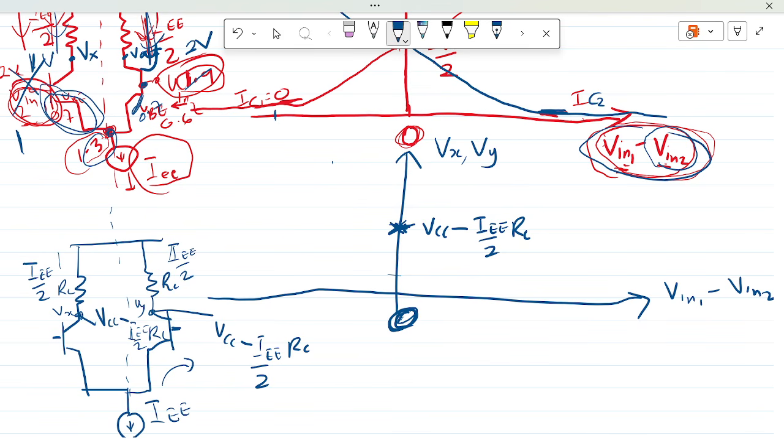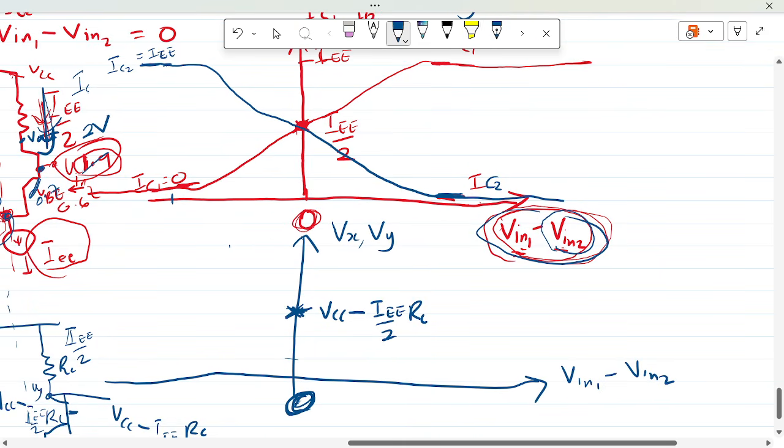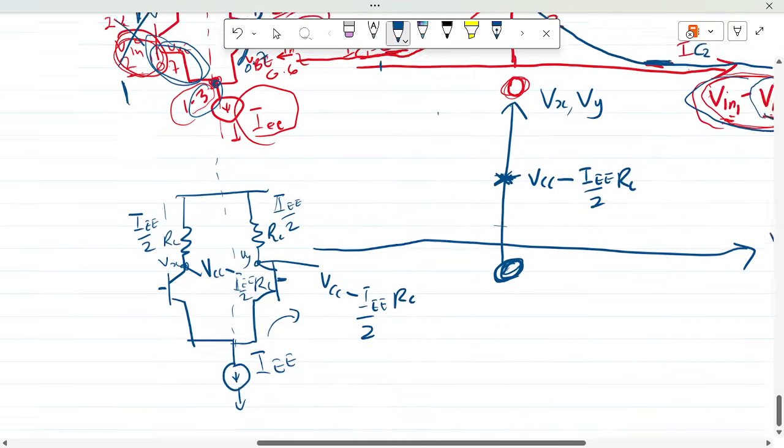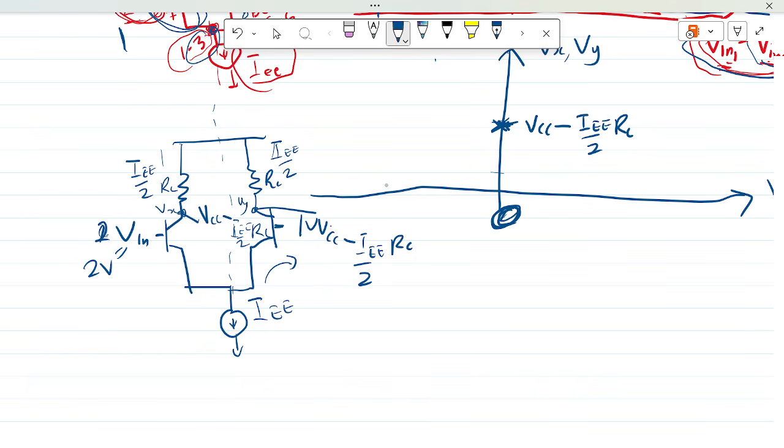Okay, now another instance is, what if the Vin1 is very big, more positive than the Vin2? So just as we did before, we put 2 volts at the Vin1, and 1 volt at the Vin2.